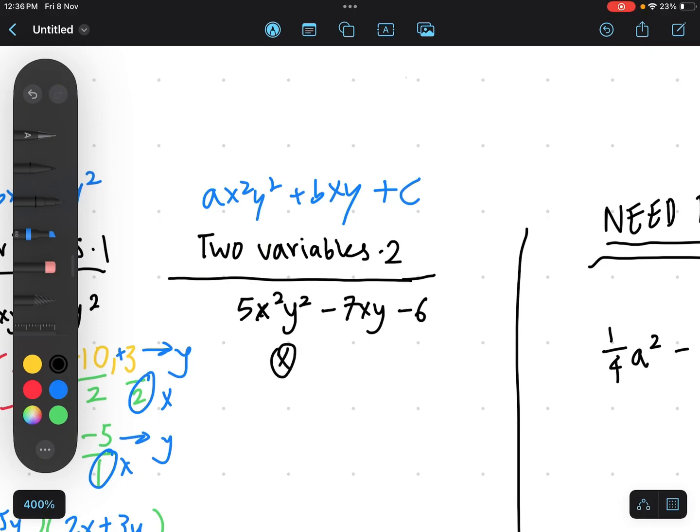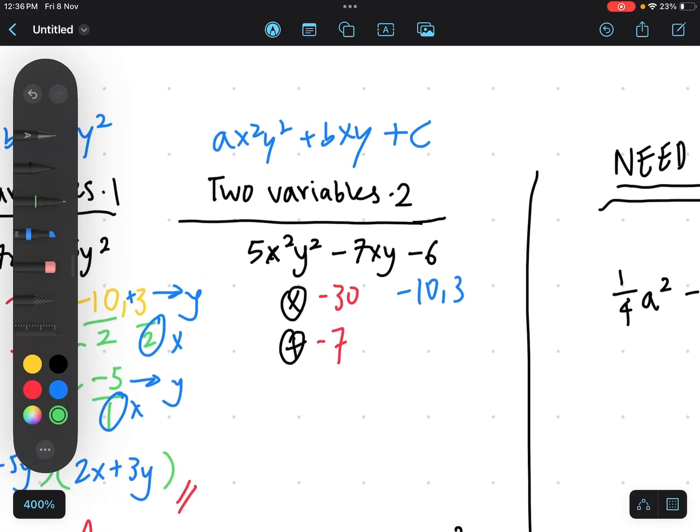Here, it's again 5 times negative 6, because the multiplication number is ac, minus 30, and then b, very obvious, minus 7. Now we're going to find the two numbers, and it's actually very easy when you find out. It is minus 10 and positive 3.